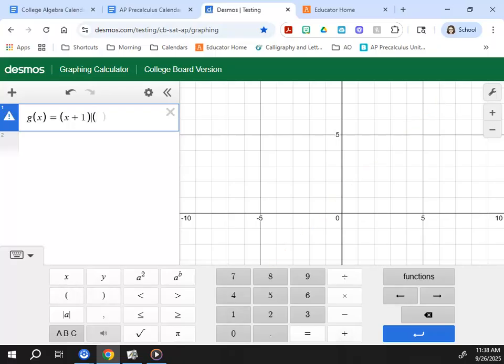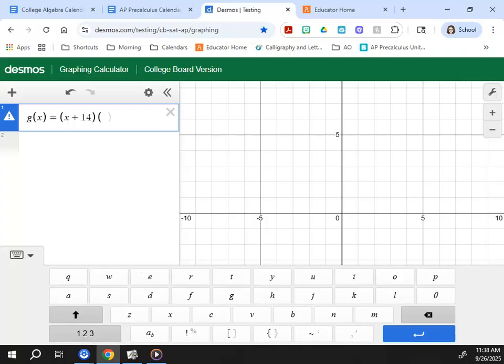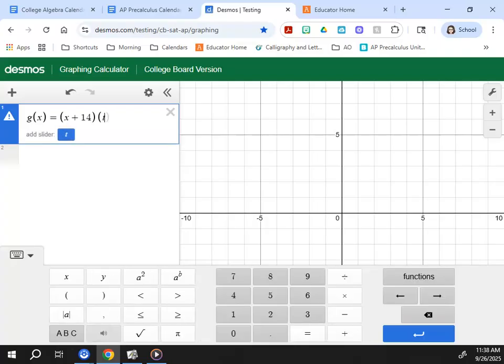Oops, that's not 14. And t minus x. All right. So type it in exactly like you see it.